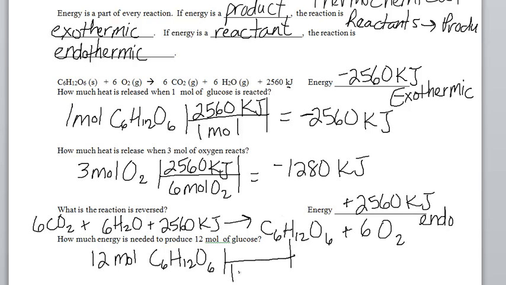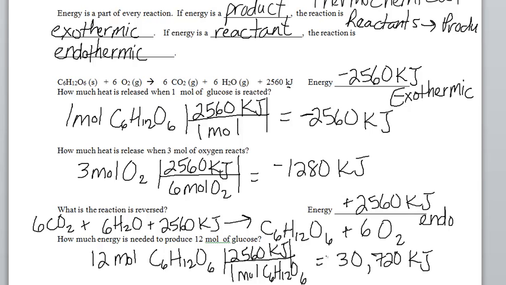Well, for every 1 mole of glucose, I need 2,560 kilojoules. So for every 1 mole, I need that much. Well, if I have 12 moles, then I'm multiplying. So how much energy would I need? 30,720 kilojoules. And again, it's a positive energy because that's endothermic. That's how much energy I need.